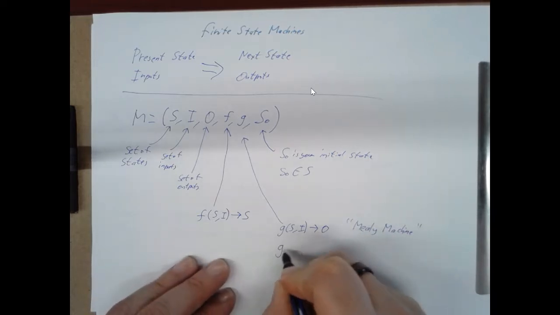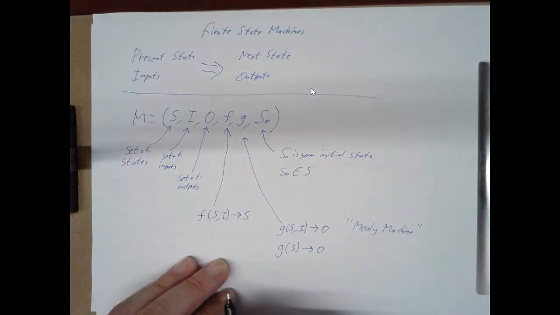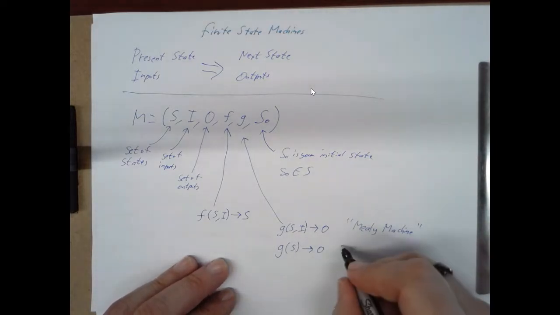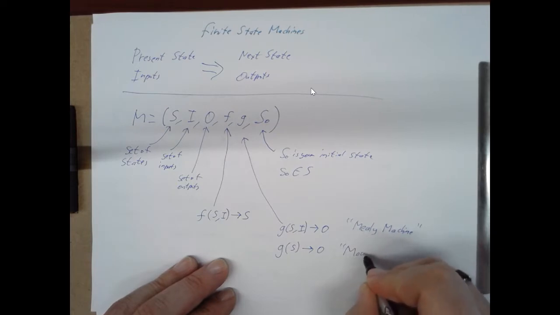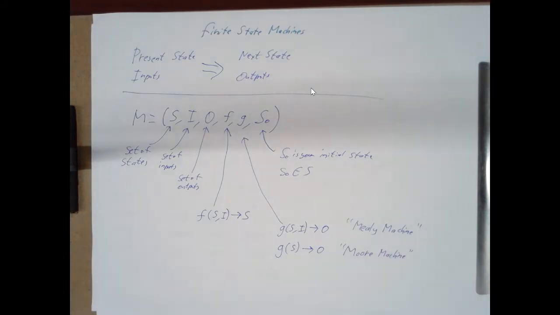It's also possible that your output function only depends on your current state, and that's what's called a Moore machine. What's the difference? With a Mealy machine, you might be in a particular state, and even without the clock ticking, if your inputs change, your outputs might change at the same time. That's the characteristic of a Mealy machine.